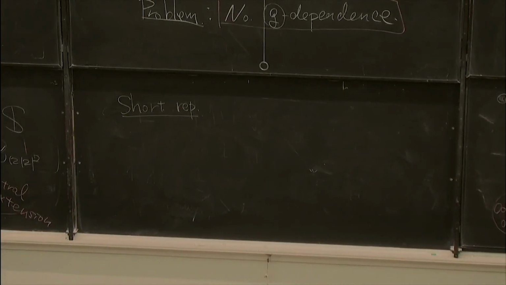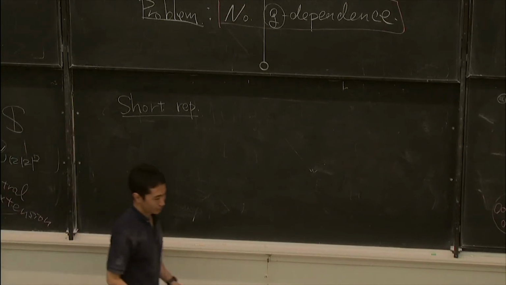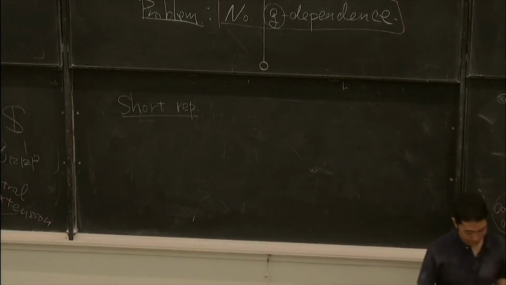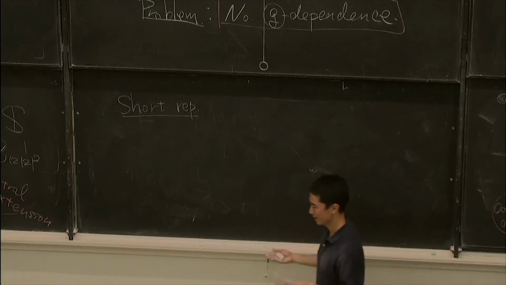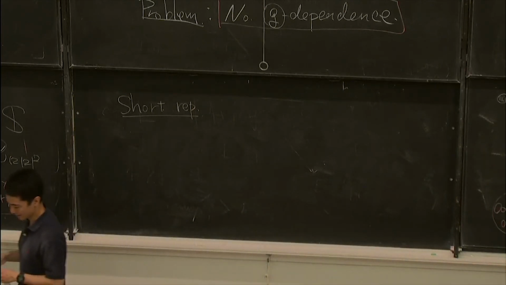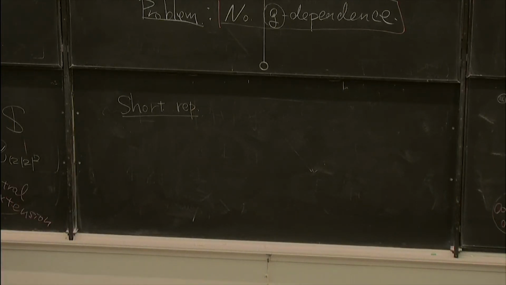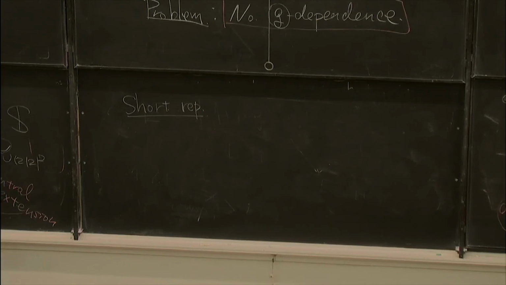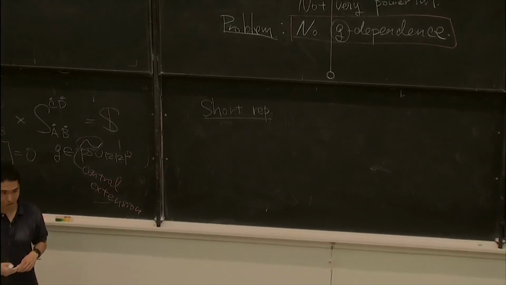actually belongs to what's called a short representation. In the conformal group, generically, the short representation also appears. For example, if you consider the stress energy tensor or some conserved currents, then the size of the representation of those multiplets is much smaller than the generic representation.